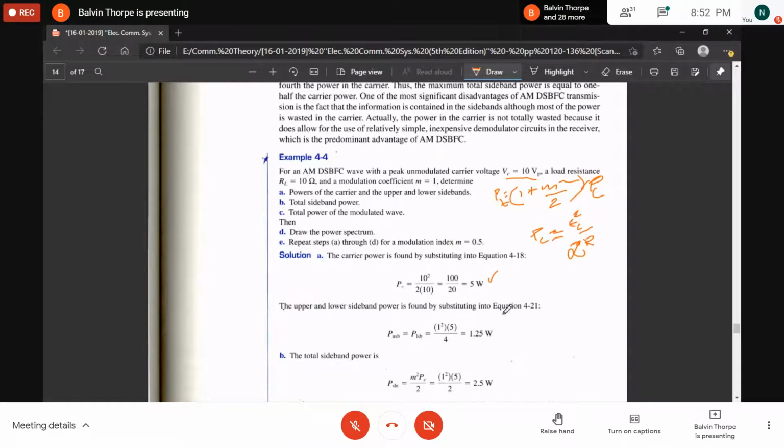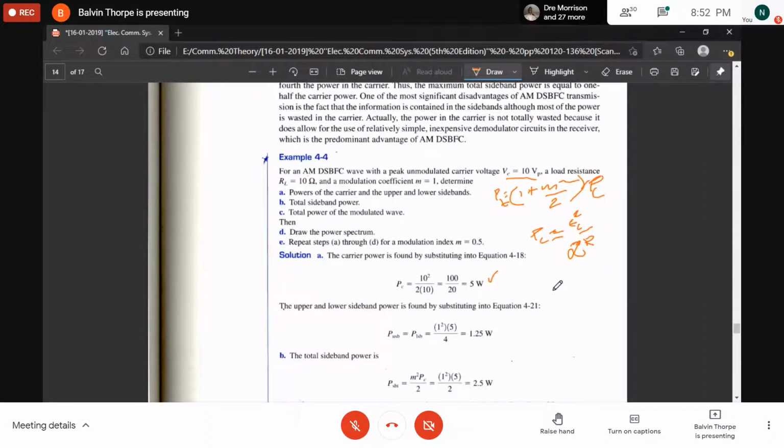What about the power in the sidebands? The power in the sidebands is m squared times PC over 4, or m squared times EC squared over 8R.